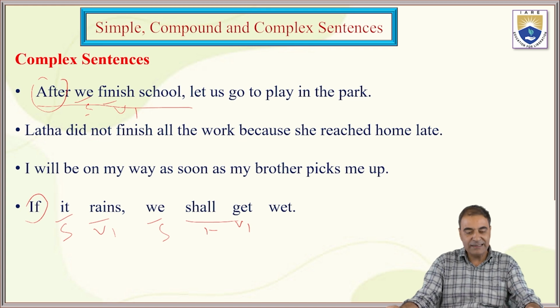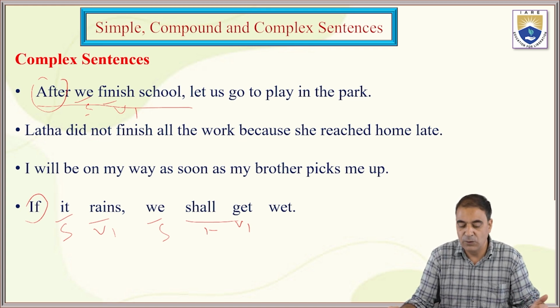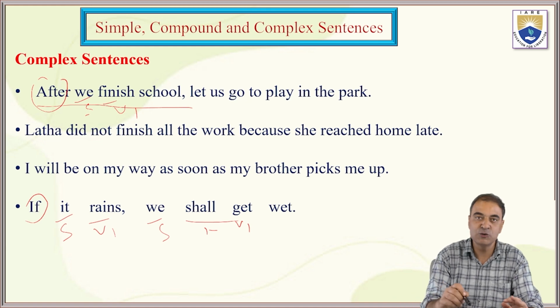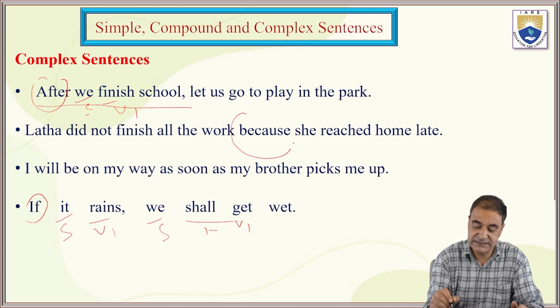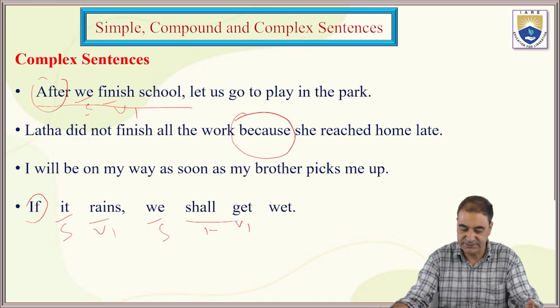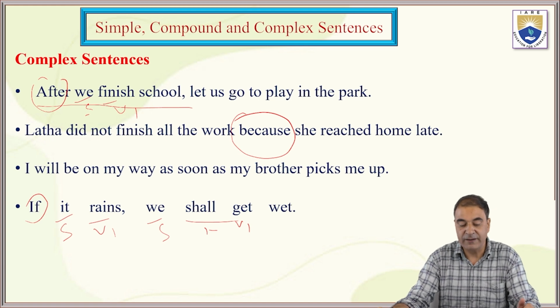Here, the second one, Latha did not finish all the work because she reached home late. Here again we have two clauses, and these two clauses have been connected by the subordinating conjunction, and that's because. Now the next one is I will be on my way as soon as my brother picks me up.